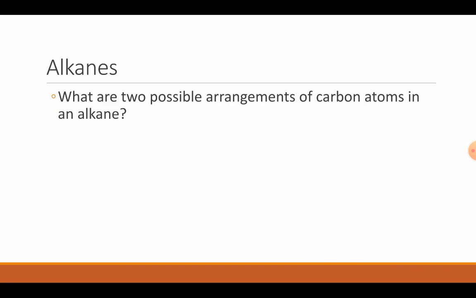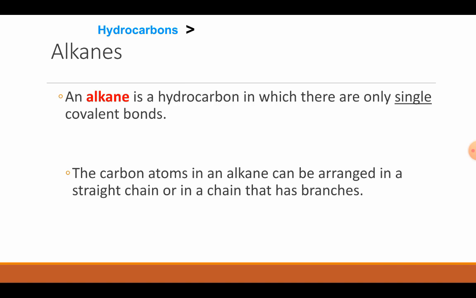What are 2 possible arrangements of carbon atoms in an alkane? In this section, inshallah, we will talk about alkanes only, so please focus and concentrate with me. An alkane, guys, is a hydrocarbon in which there are only single covalent bonds.